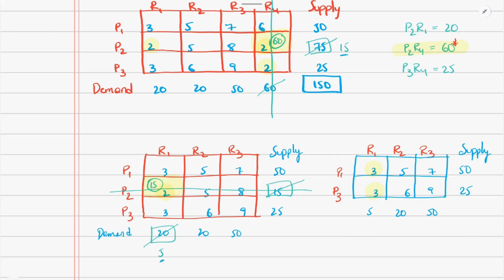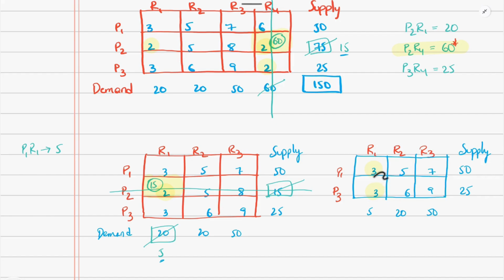So from P1 to R1, if I selected this cell, the corresponding demand and supply is 5 and 50. What is the minimum of the supply and demand? 5. So 5 is the maximum allocation here.